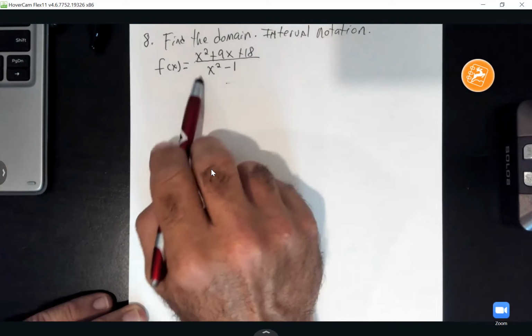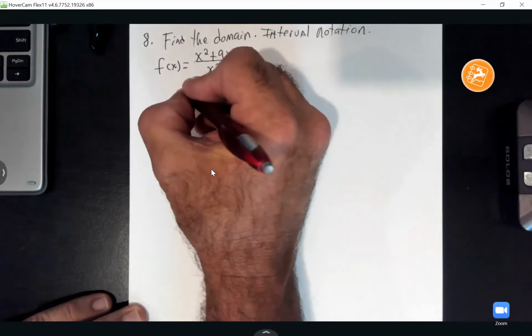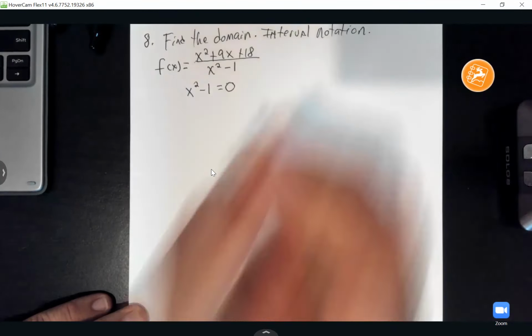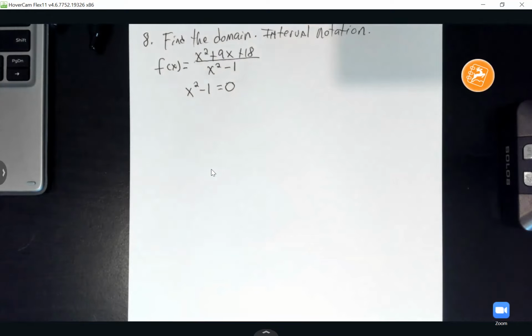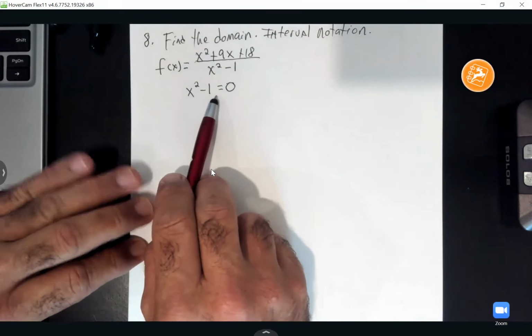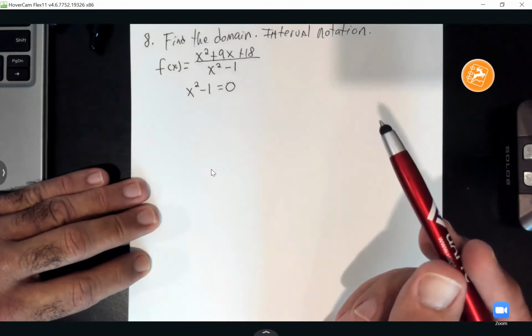The domain, I'm only concerned about the bottom. So what I would do is take the x squared minus 1 and set that equal to 0. So this one, since I only got an x squared and a number, I'm going to get the x squared by itself and do my square root stuff.